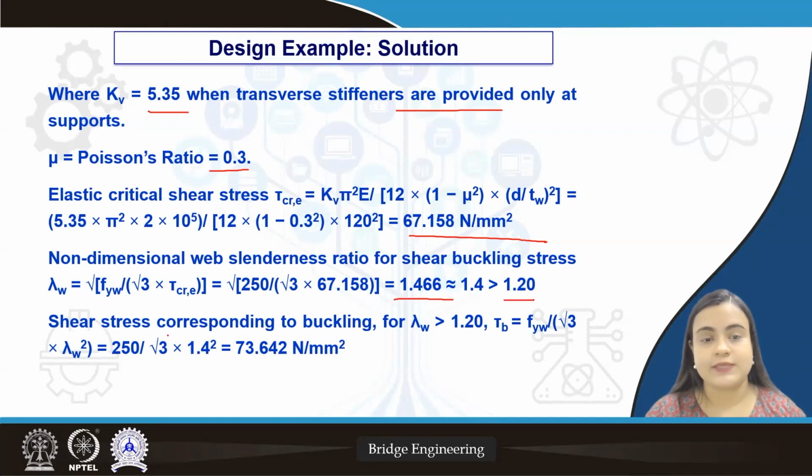So shear stress corresponding to buckling for lambda w greater than 1.2 will be obtained as tau b equals fyw divided by root 3 lambda w square. So 250 by root 3 times 1.4 square will be 73.642 Newton per millimeter square.